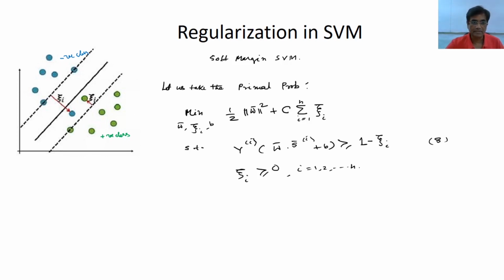But if you understand the concept, it is very important that just by adding this term in my objective function, which is a minimization problem, with the constraint 1 minus zeta, where zeta is a non-negative parameter, we can regularize the support vector machine or increase the robustness. That we will see in the next class.